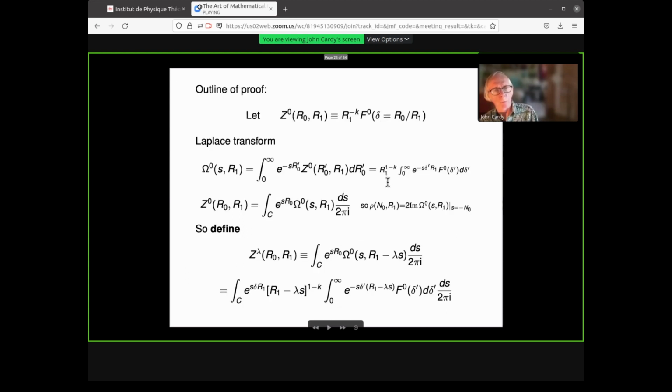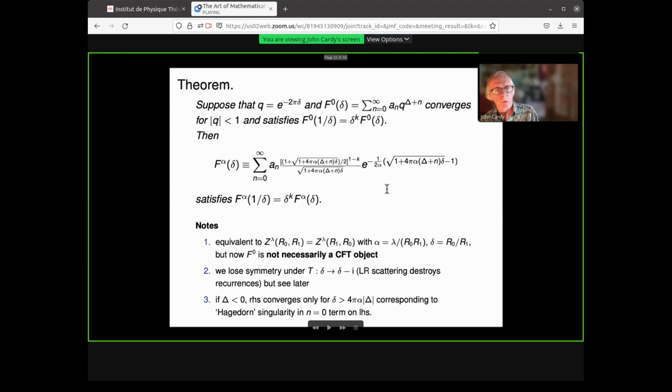So just some notes. It's not necessarily a conformal field theory object. We obviously lose the symmetry under T, that is the periodicity in delta, because of these square roots, but it's replaced by something more interesting.